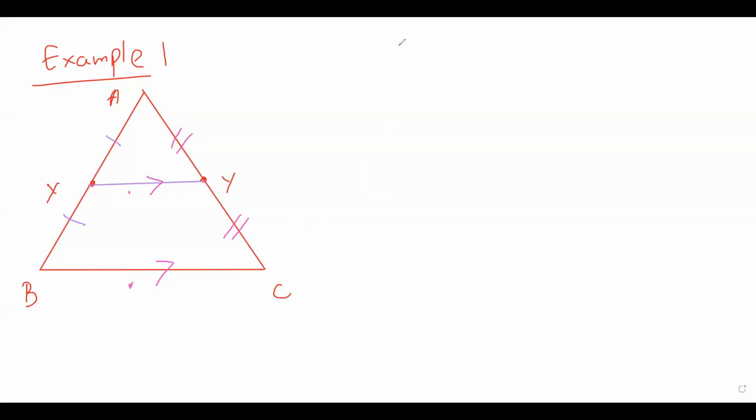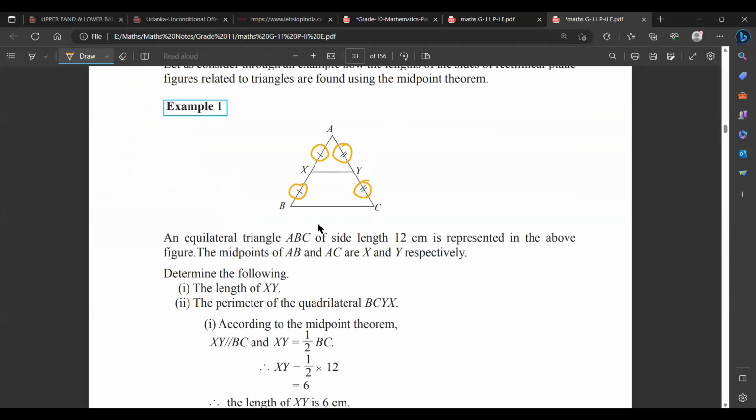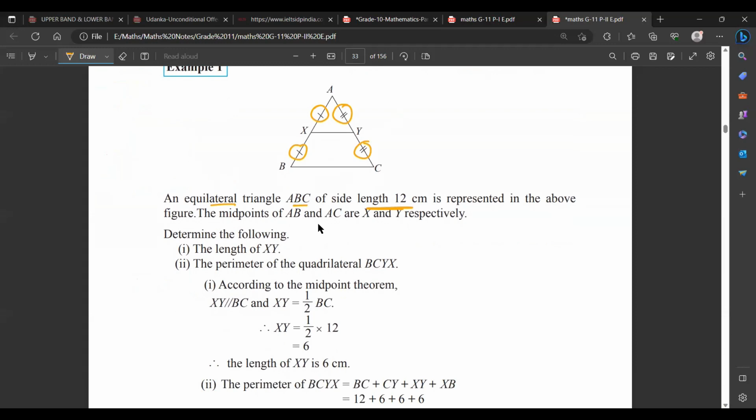Keep in mind, what are they asking? The length of XY. They mention the equilateral triangle ABC with side length 12 centimeters, as in the figure. X and Y are the midpoints of AB and AC.